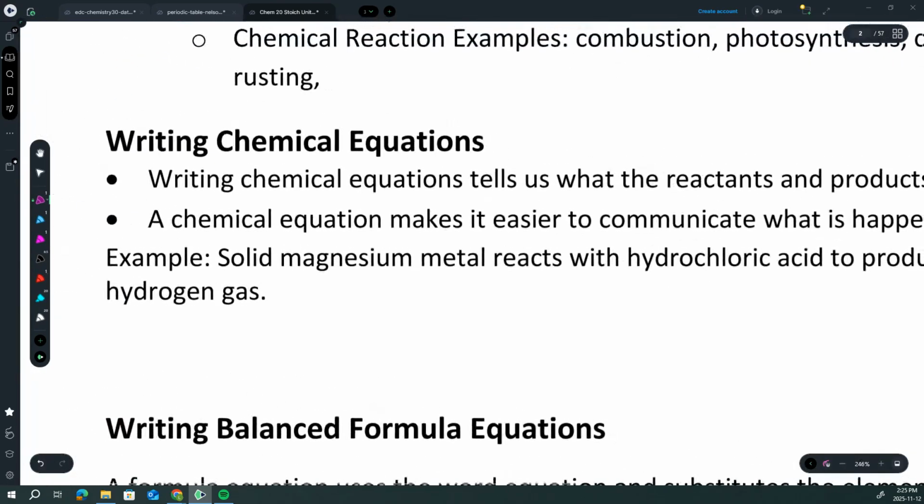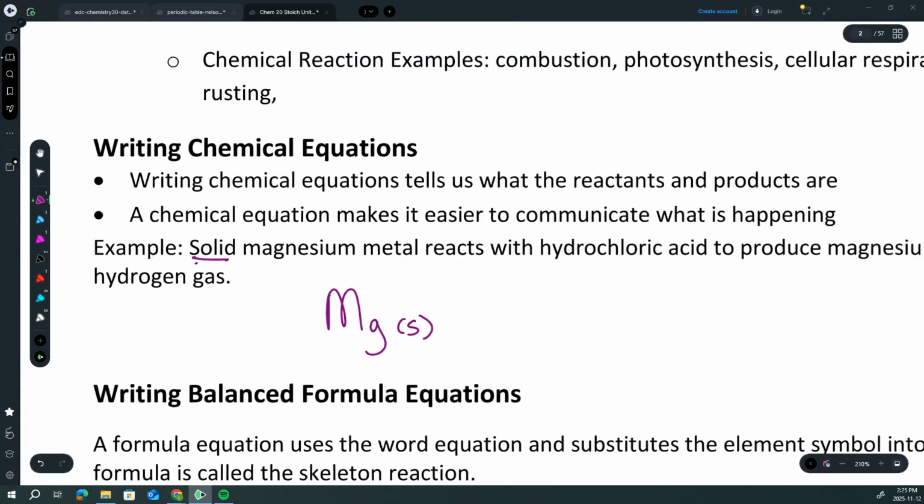So, solid magnesium metal. The symbol for magnesium is Mg. Since it's saying it's solid, we know the state there is S for solid. Then when it says reacts with, that means we're going to have a plus, and our other reactant is hydrochloric acid.